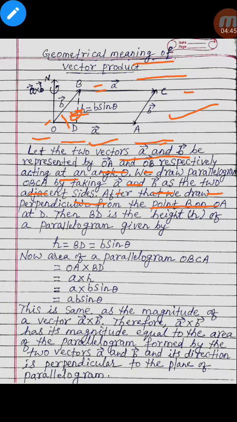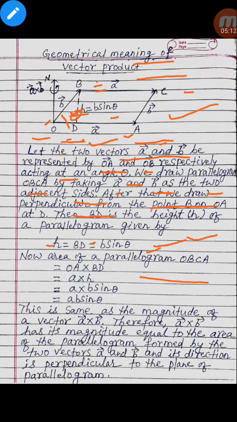After that we draw perpendicular from the point B on OA. This is your parallelogram OBCA, and we draw perpendicular from point B on OA at the point D. Then BD is the height h of the parallelogram, given by h is equal to B sin theta.